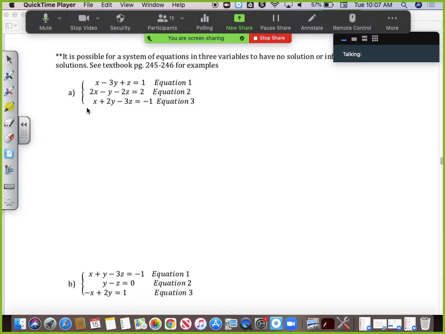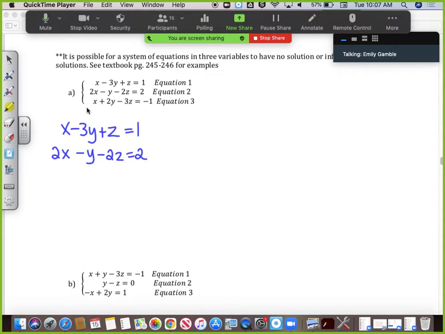So let me look at equation 1 and equation 2. Equation 1 is x minus 3y plus z equals 1. And equation 2 is 2x minus y minus 2z equals 2.